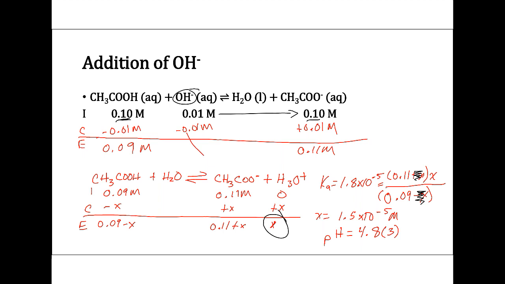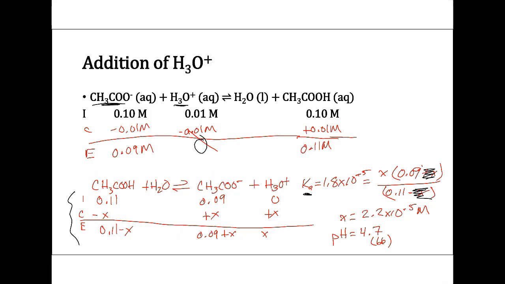Okay, and then whenever we added the acid, we consumed our acetate here and formed more acetic acid. So then we had lowered our pH by 0.09. So at any rate, we altered our concentration by 10% in either case of adding acid or base, and there was minimal change to our hydronium concentration. There was minimal change to our pH.